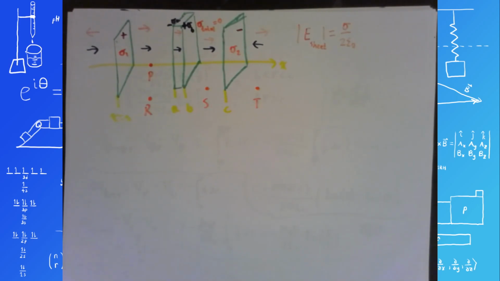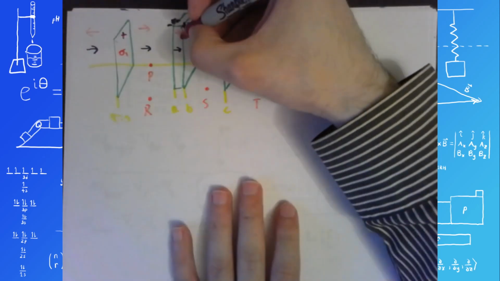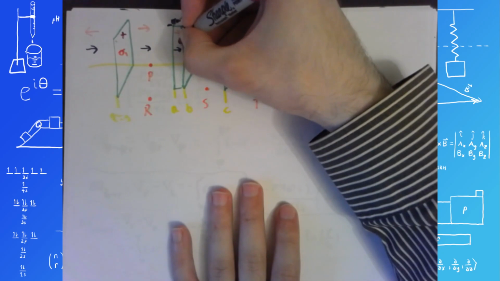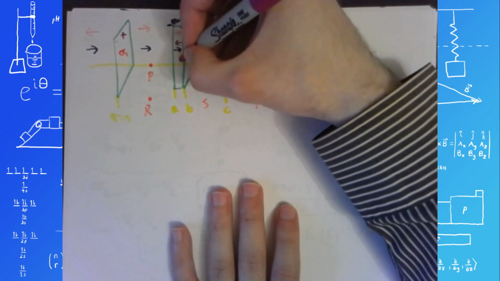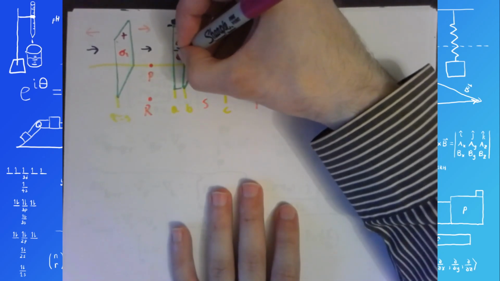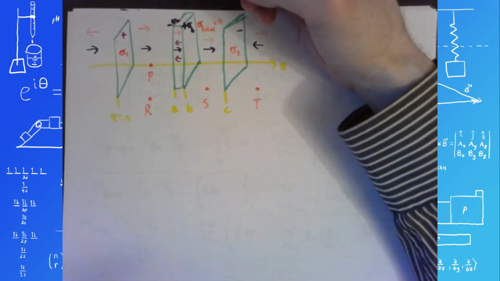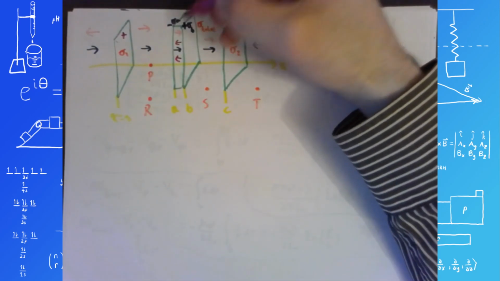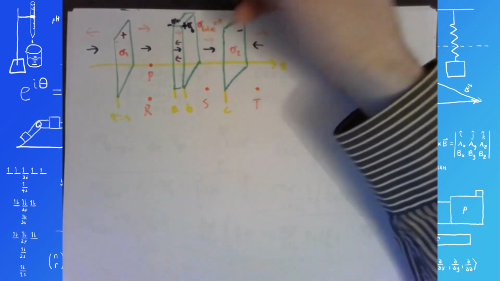But if we do that, then we will get essentially two electric fields in here. One from sigma b pointing to the left, and an equal one from sigma a also pointing to the left, that cancel out these two electric fields.